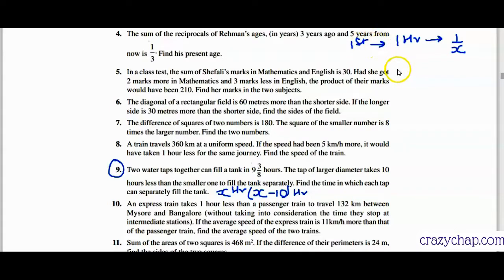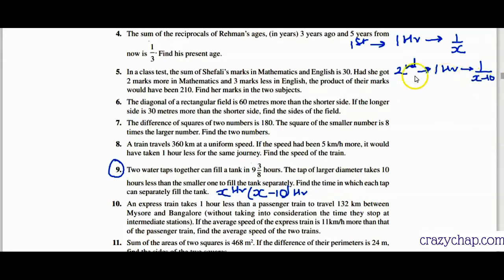And the second tap's 1 hour job is 1 over x minus 10. Hope it is clear. The second tap fills 1 over x minus 10 part of the tank.